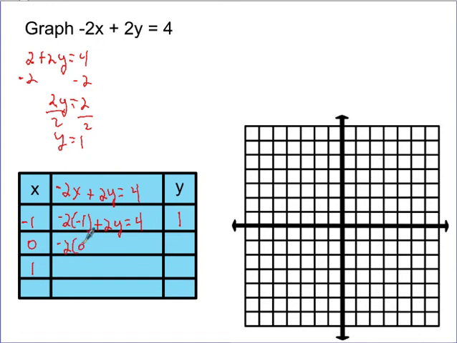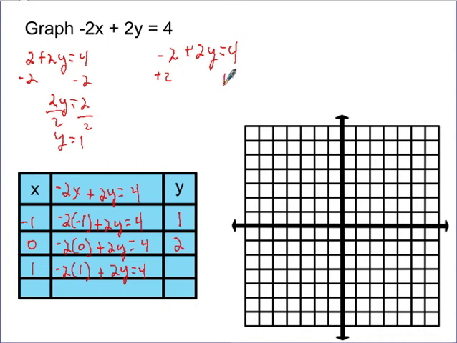Negative 2 times 0 plus 2y equals 4. Negative 2 times 0 is 0, so 2y equals 4. Divide both by 2 and y equals 2. And this one will be negative 2 times 1 plus 2y equals 4. Negative 2 times 1 is negative 2 plus 2y equals 4.